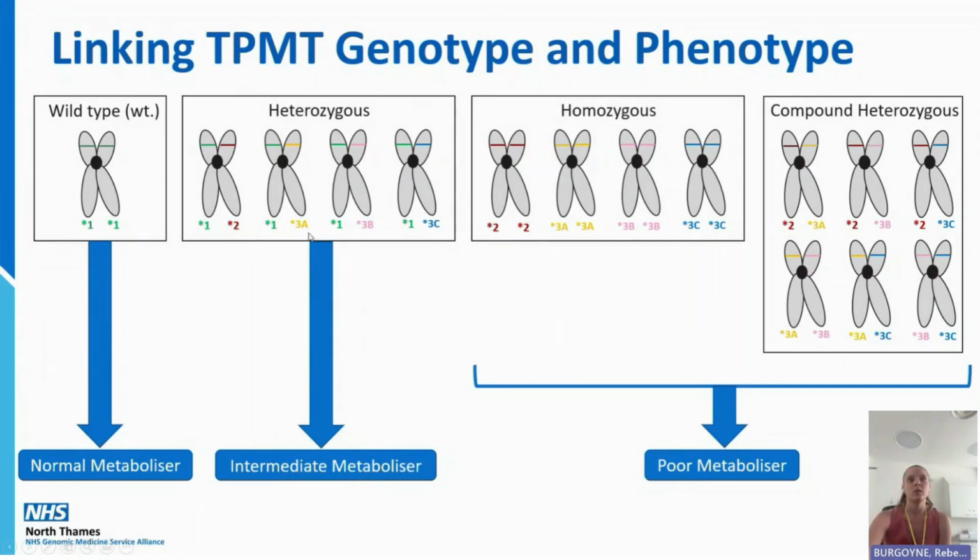So be that star 2, star 3A, star 3B, or star 3C, they have 1 wild type and 1 loss of function allele. And this therefore gives them a combination phenotype, and they are an intermediate metabolizer. Patients can then be homozygous, so they can carry 2 loss of function alleles, and they can either carry 2 of the same loss of function alleles or 2 different loss of function alleles, and this will make them poor metabolizers.